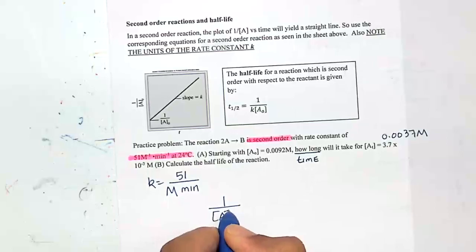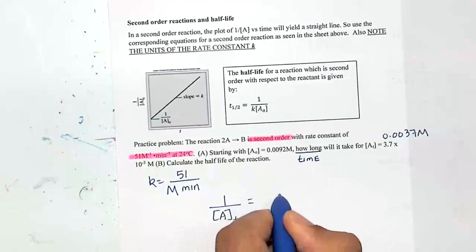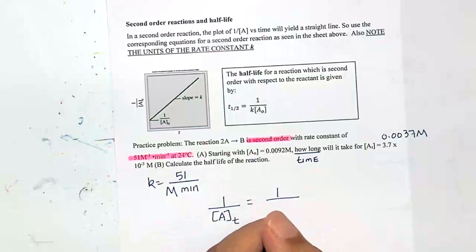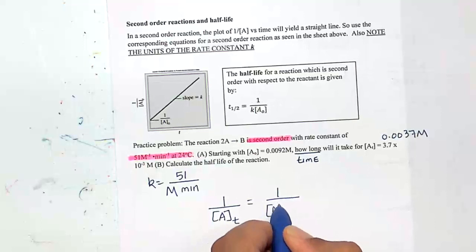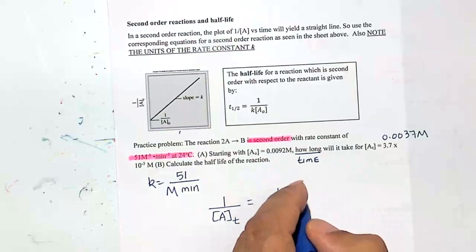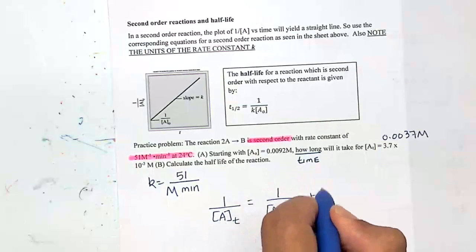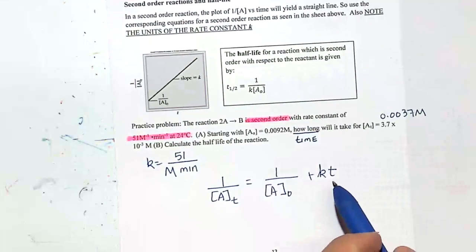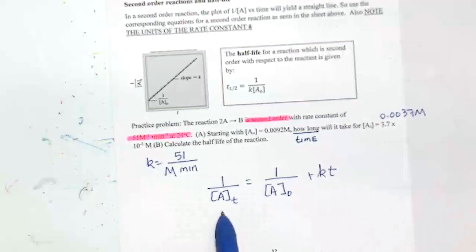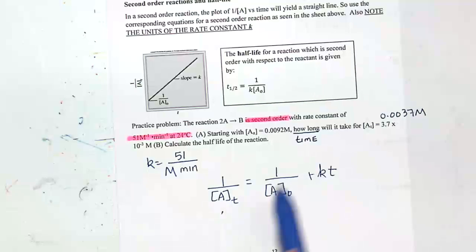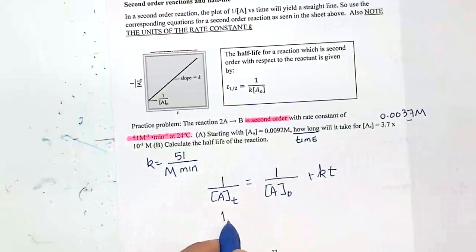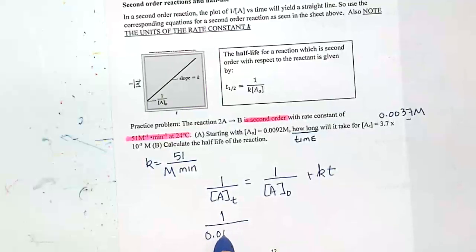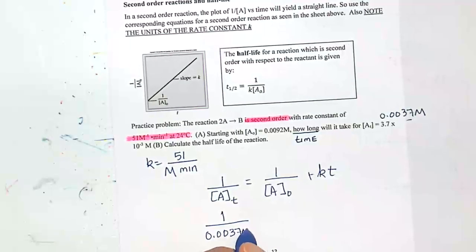So 1 over A at some time t is going to equal 1 over the initial concentration A naught, plus kt. We've got to solve for t, time here. What is 1 over A t? 1 divided by 0.0037 molar.